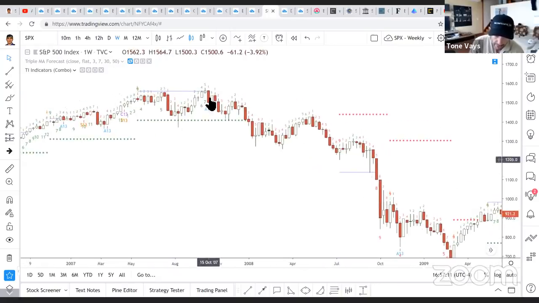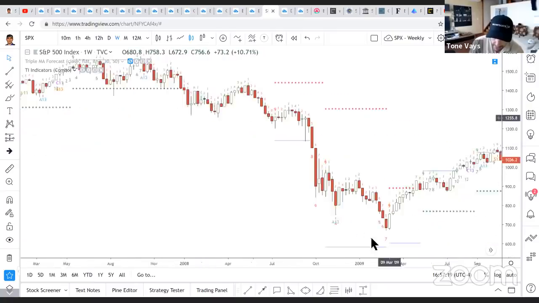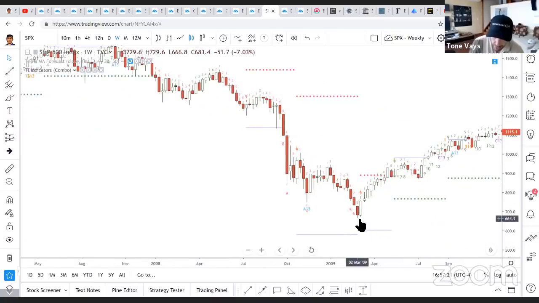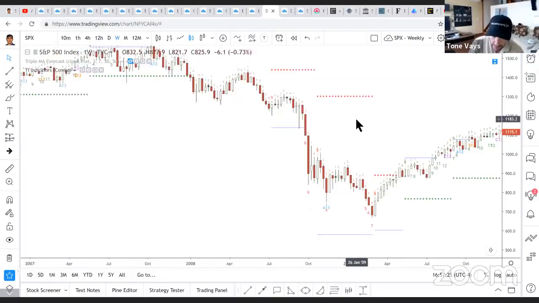And then compare them, right? Overall, the S&P fell from the top at, what was it, 1570, and it fell to about 600. So it fell 66%, right? But Bitcoin fell 84%. So every move in Bitcoin is going to be larger by percentage terms on the way down and on the way back up, right?